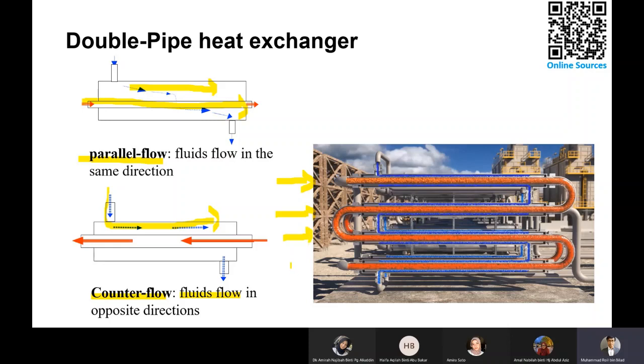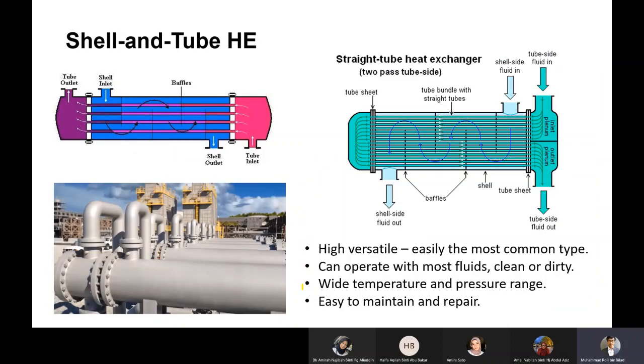And the fourth level is the fourth pass. This is what we call a 4 pass double pipe heat exchanger. You have 4 lines in a stack, because later on you will encounter the same thing with another type of heat exchanger. Next, the most common one used in industry, which is the shell and tube heat exchanger.